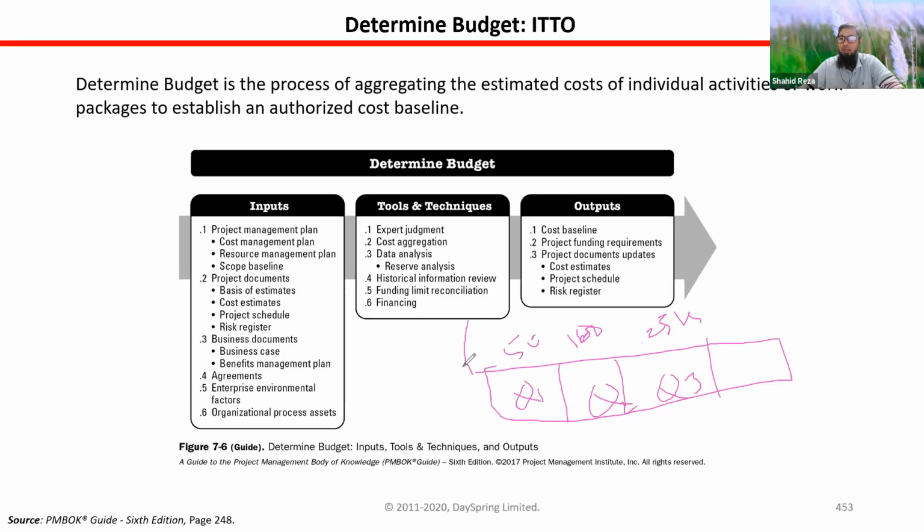So management will release money accordingly, and will not release the whole money at the beginning. That is known as project funding requirements. From the cost baseline we know that we need $1.75 million. We will show management every month or every quarter how much money we need, and management will release the money accordingly. That is known as project funding requirements.